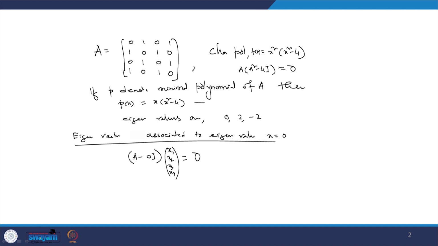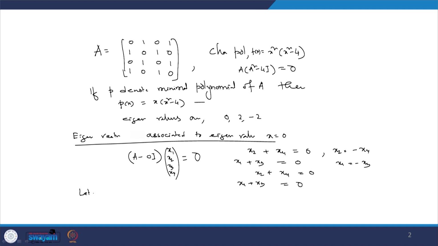I will have four equations: x2 plus x4 equal to 0, x1 plus x3 equal to 0, x2 plus x4 equal to 0 and x1 plus x3 equal to 0. This implies that x2 is equal to minus x4 and x1 is equal to minus x3. So, there are two free variables here, x3 and x4.